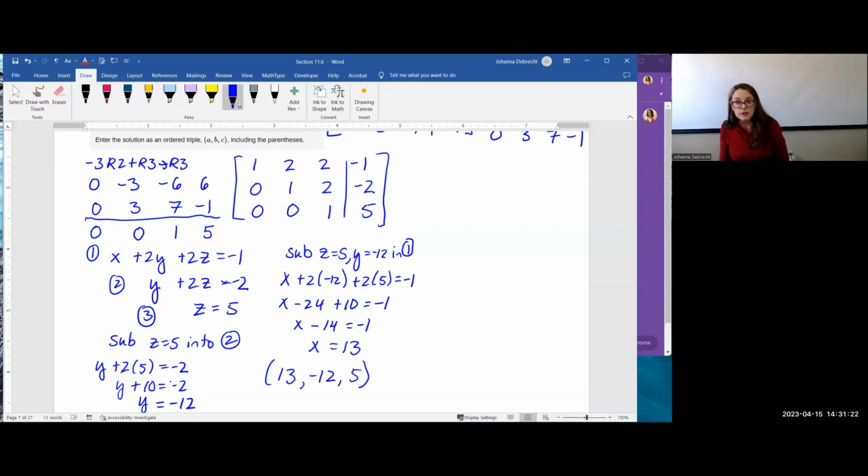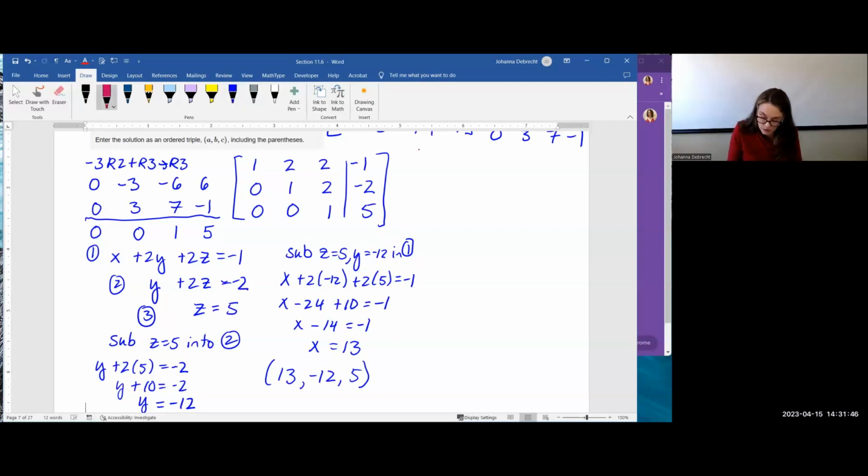Okay? This is how you would solve it with Gaussian elimination. With Gauss-Jordan elimination, you don't stop at row echelon form. Once you have row echelon form, you use the leading constant in each row to eliminate the ones above it. And we move from the left to the right.